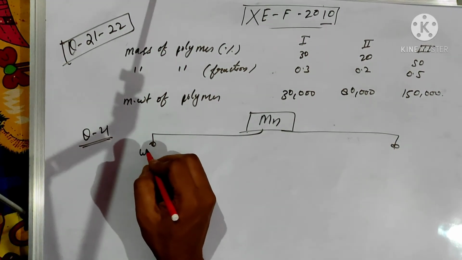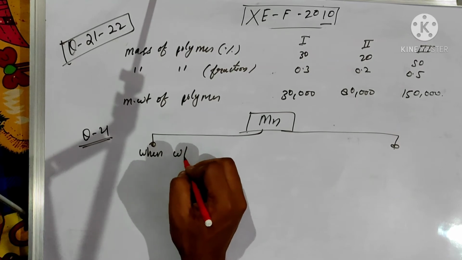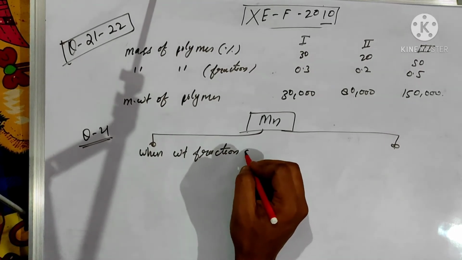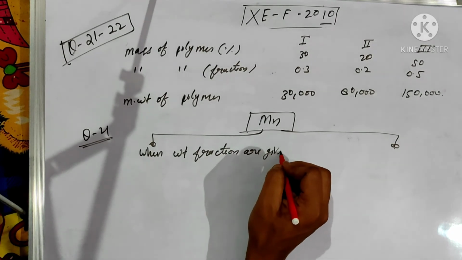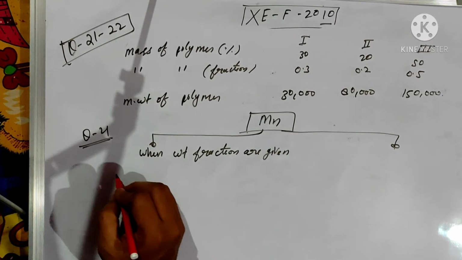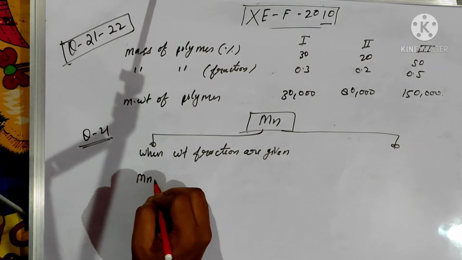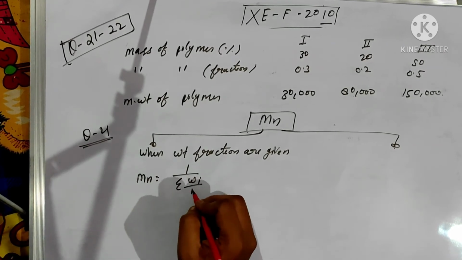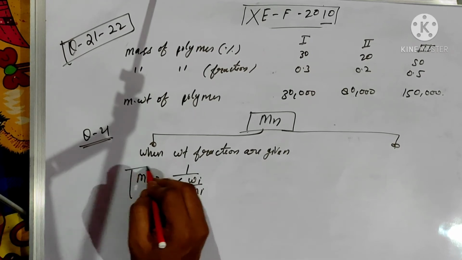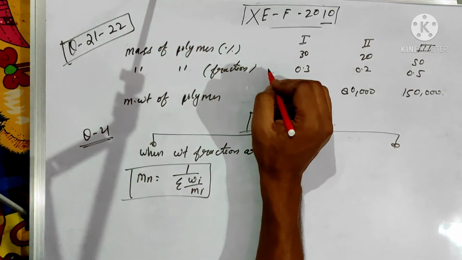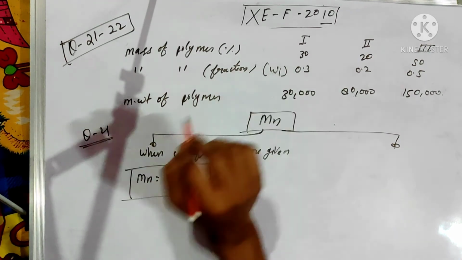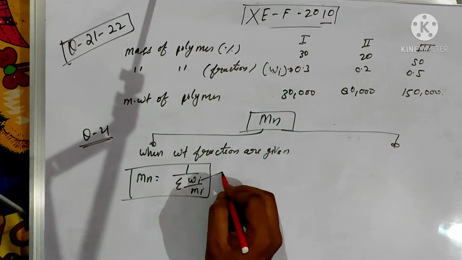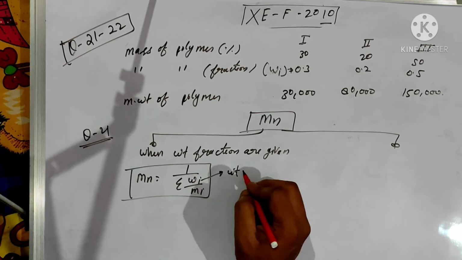When weight fractions are given, then use this formula: Mn is equal to 1 upon the summation of Wi divided by Mi, where Wi is the weight fraction.